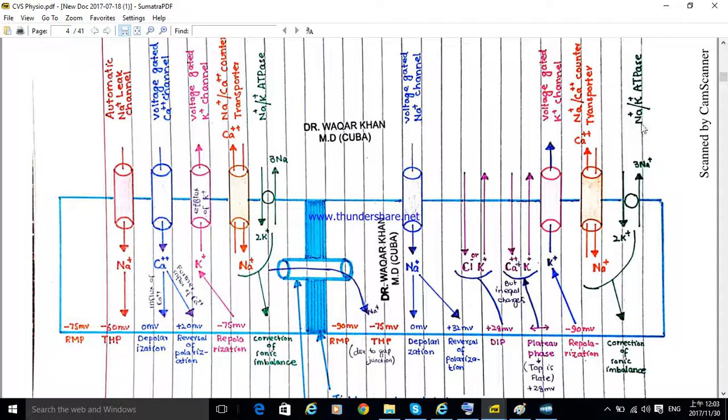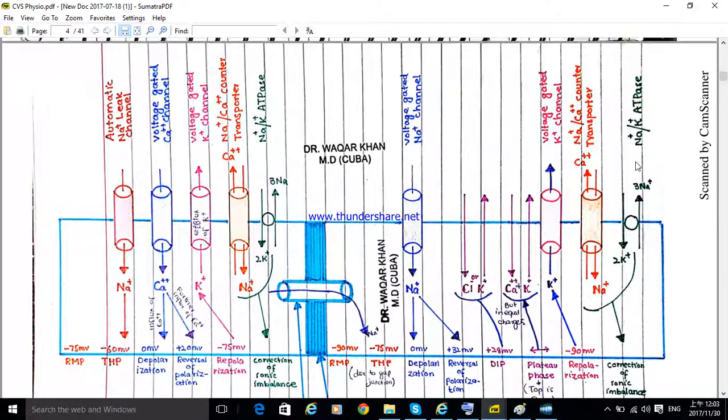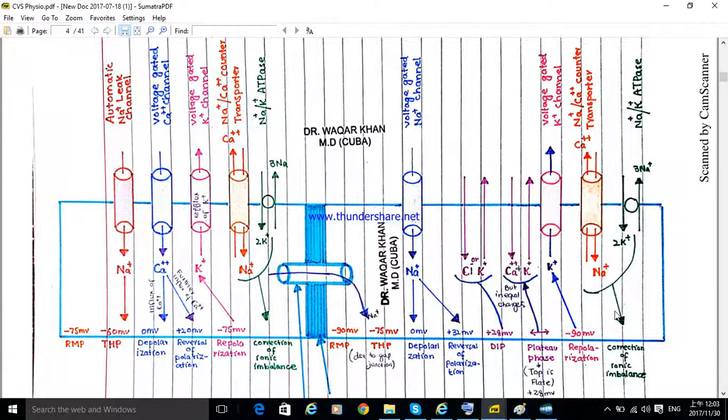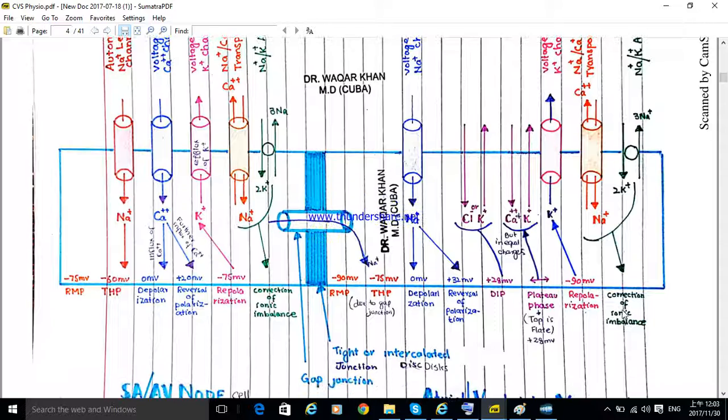Through the sodium-potassium ATPase, we make three sodium molecules go out of the cell, and since a lot of potassium has been lost, two potassium ions are made to come back into the cell. Through this we correct the ionic imbalance.